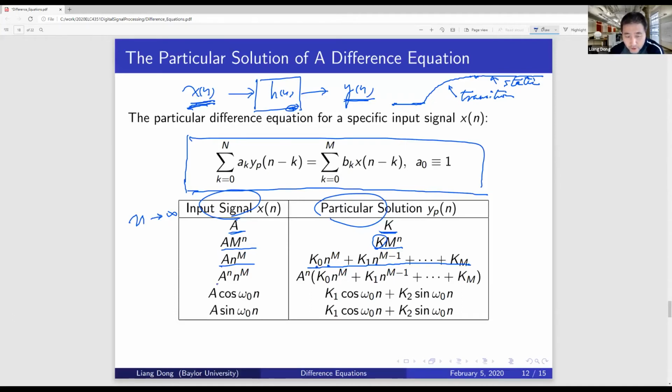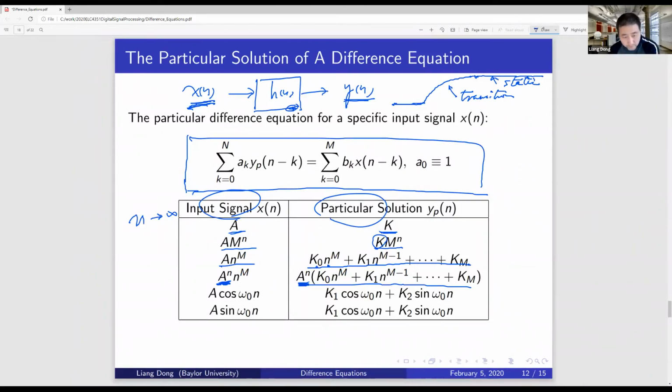If the coefficient is time varying, in a sense that the input is a polynomial times an exponential, a to the power n, then my particular solution is similarly a polynomial, and then we have this common factor, a to the power n.